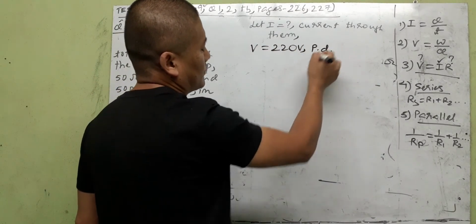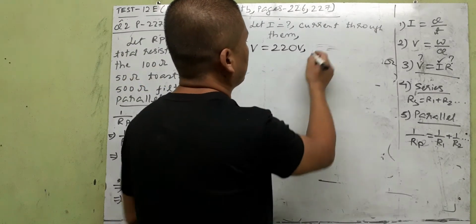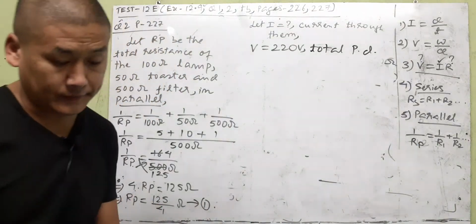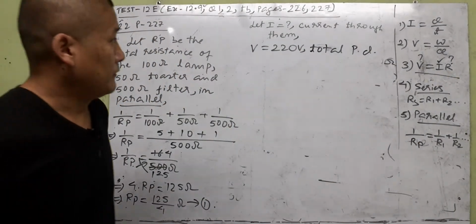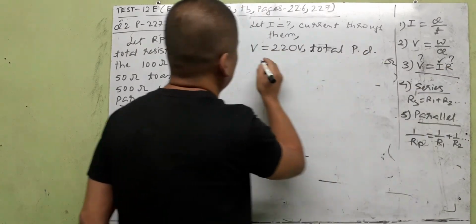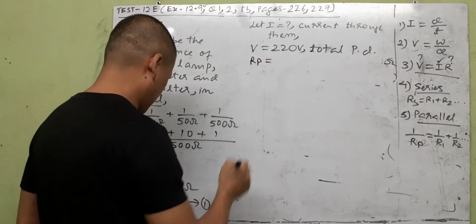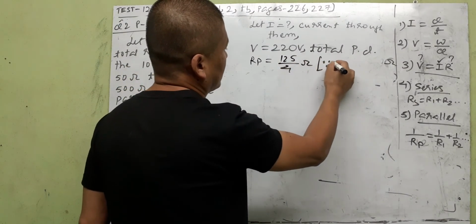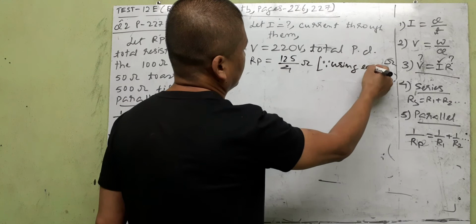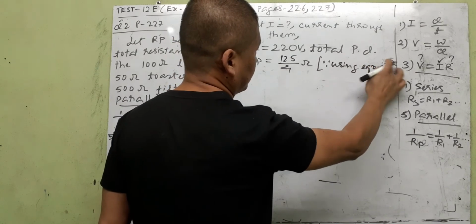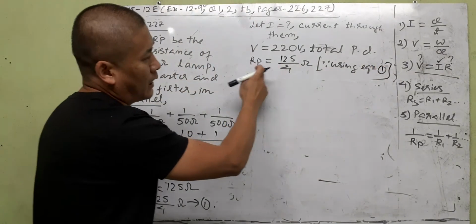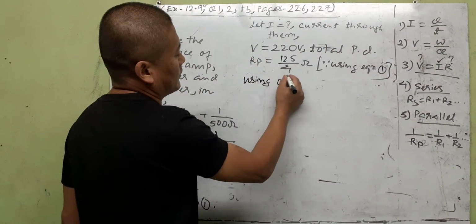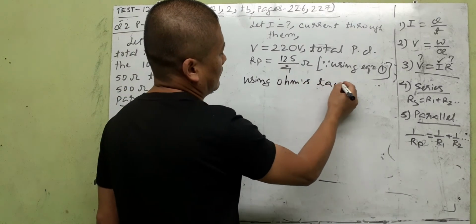The potential difference, total potential difference, same thing, only look into your text, you will see the source is 220, right? Yes. Then we need V and we need R to find I. So R is already here. RP is equal to 125 divided by 4 ohms, because we are getting this one by using equation number 1. So if you have V and R, you can easily find I. So using Ohm's law, you write here using Ohm's law.